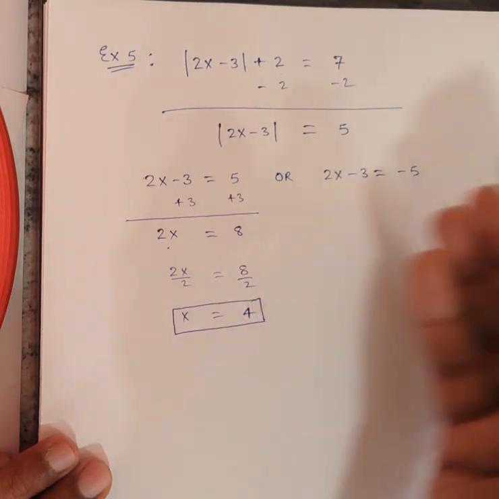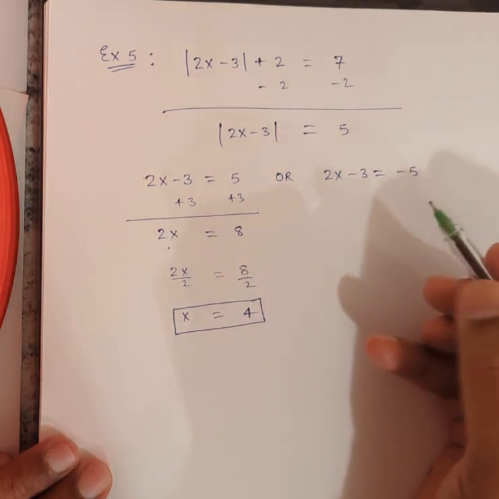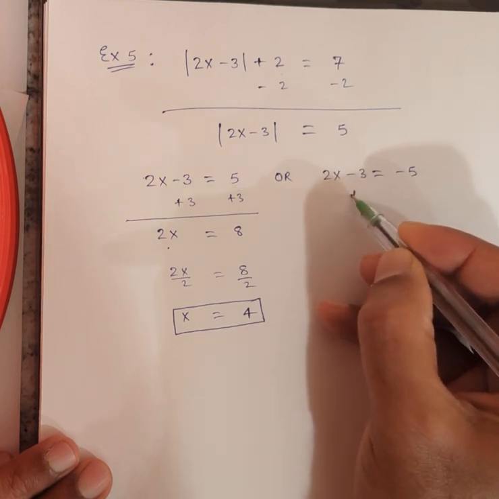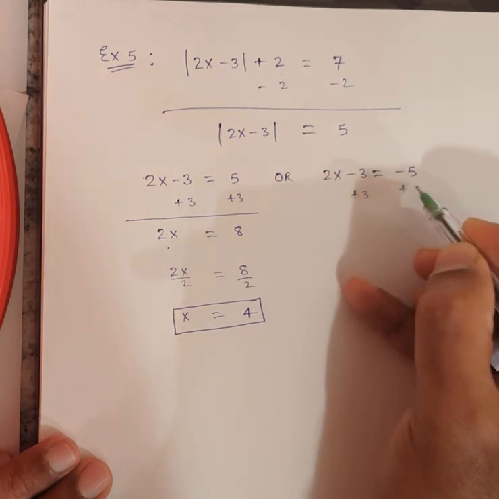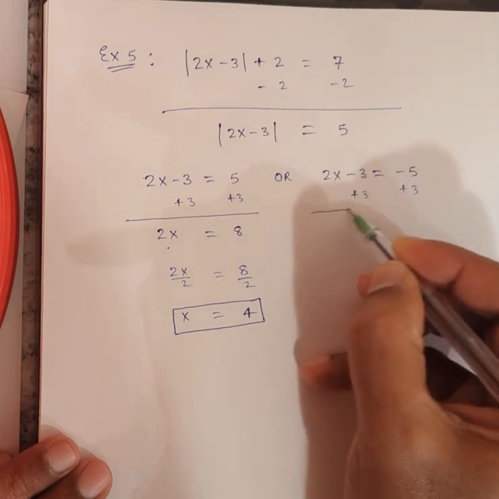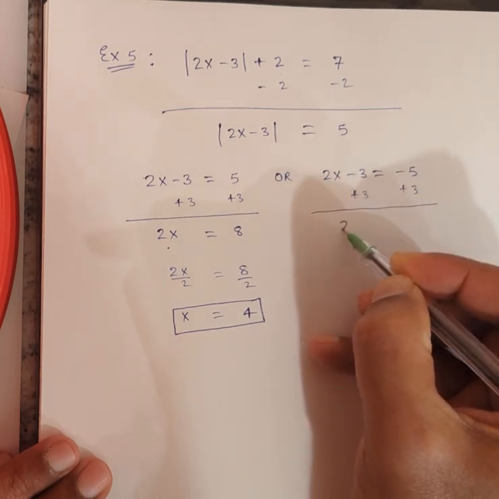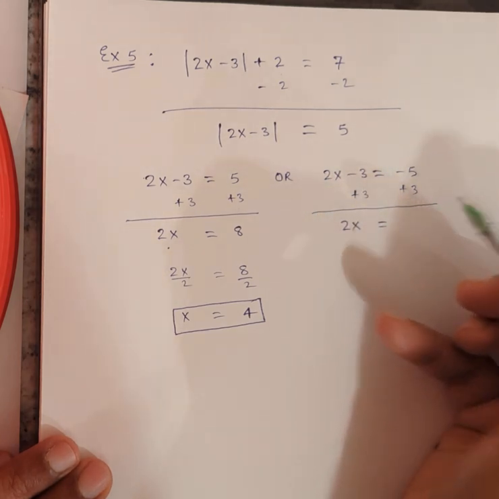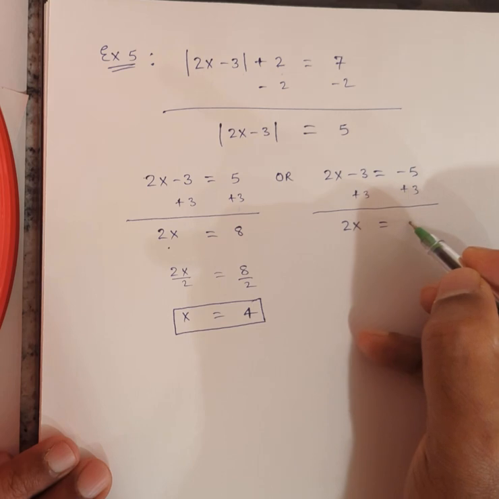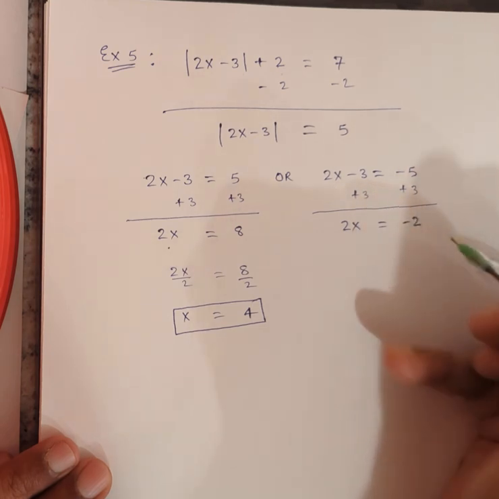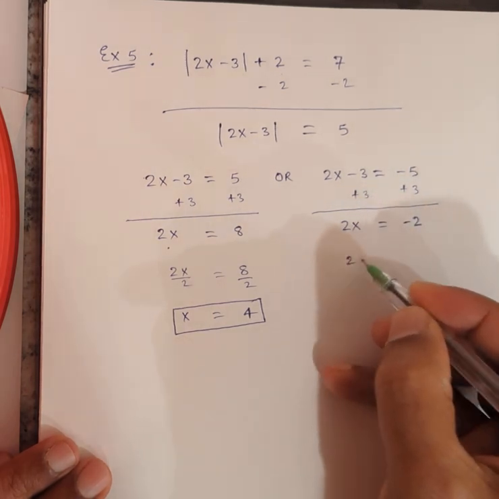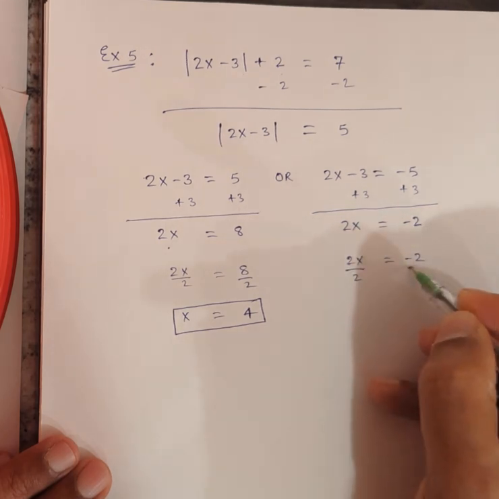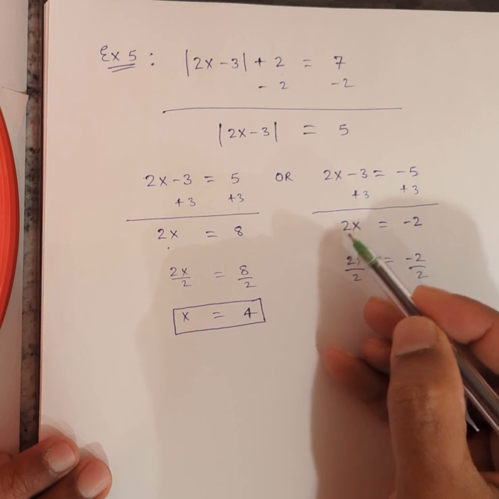Now we got to work on the second equation. So same drill, add 3 on both sides. So your left side is 2x. The right side is negative 5 plus 3. So that's going to be negative 2. And now we divide both sides by 2. Because we need to get rid of this 2 in front of x.